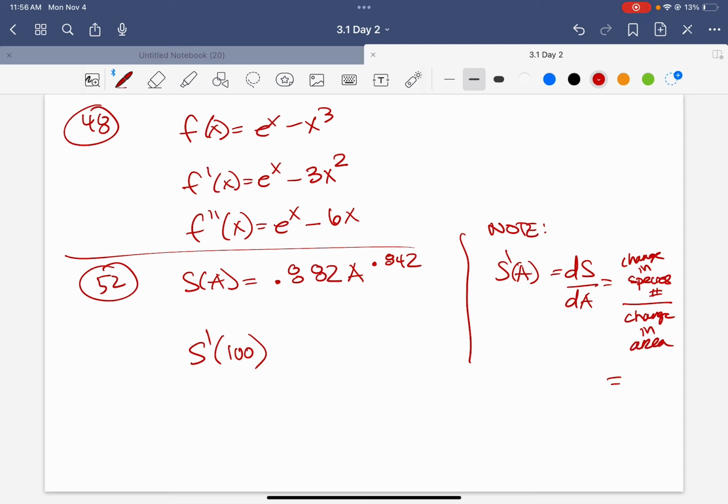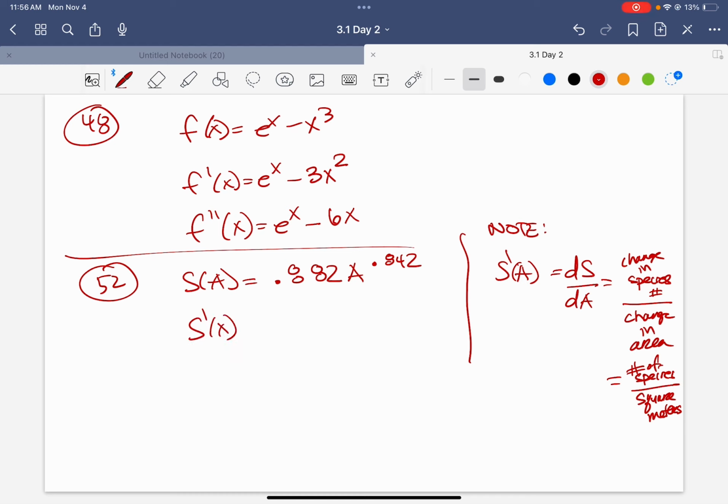And so those units are going to be a number of species divided by square meters. So our derivative will give us an answer in the number of species per square meter. So let's first take our derivative.